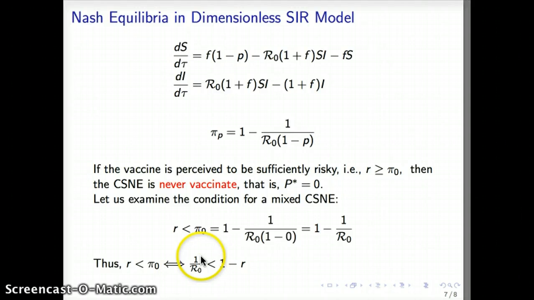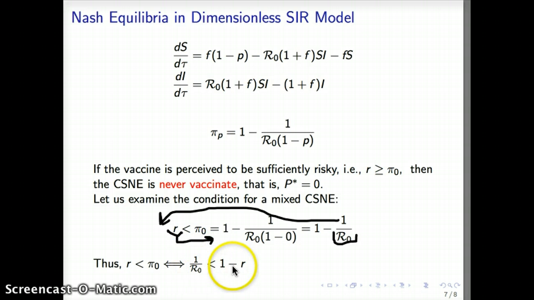If and only if, and what's happening here is, think of swapping this little r with this fraction 1 over R0. If you send that 1 over R0 to the left side of the inequality and send this little r to the right side, you end up with this expression.